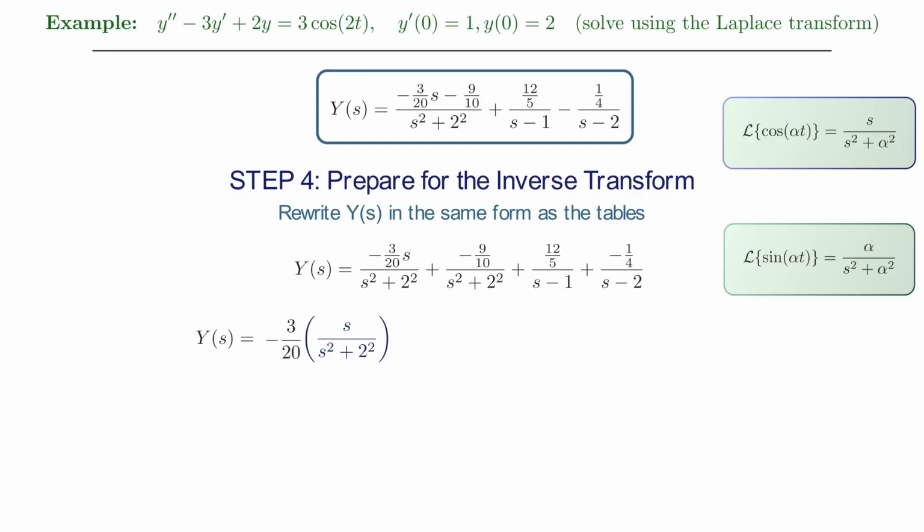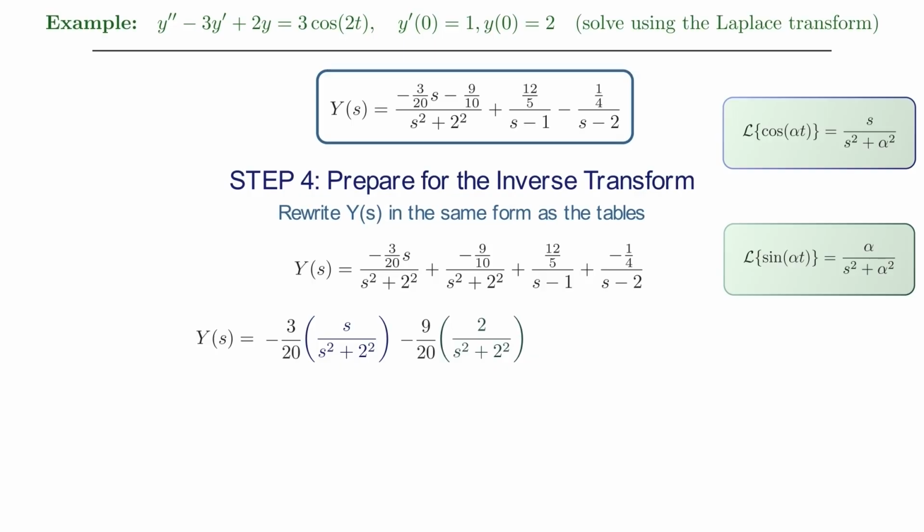So we need the top of that fraction to be equal to 2. So we want to bring everything else out to the front as a coefficient. So to get minus 9 over 10, we could rewrite this as minus 9 over 20 multiplied by 2. So the 2 will stay on the top of the fraction and the minus 9 over 20 comes out to the front as the coefficient.